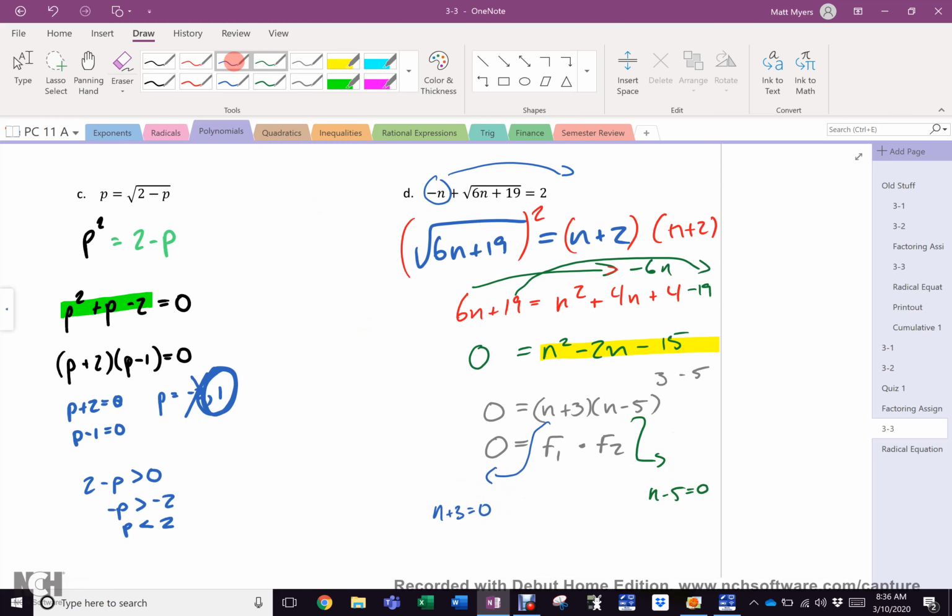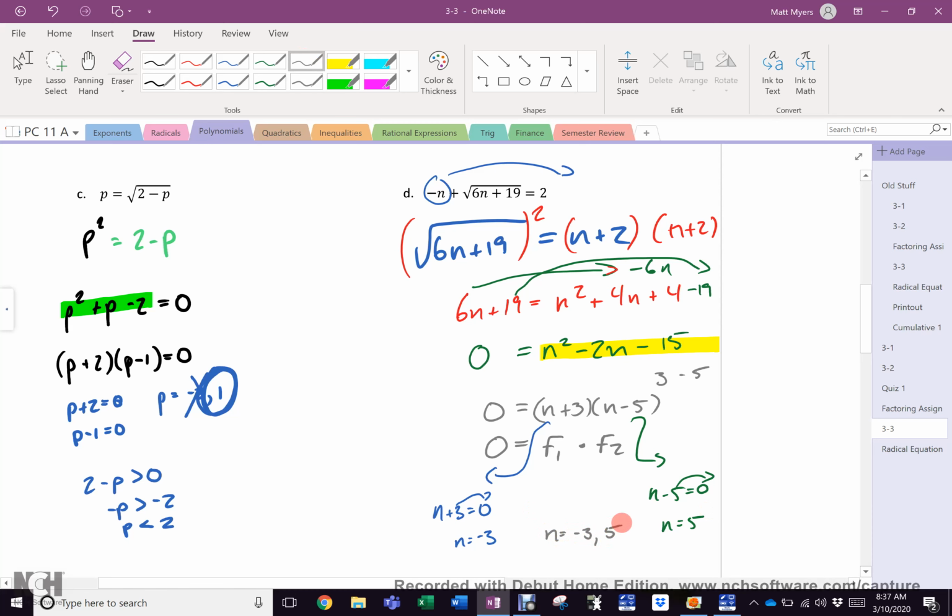So if I do this one, now all of you should be seeing the pattern right now. If it's just an n, that moves over, n equals negative 3, right? If it's that moves over, n equals 5. So I now all of a sudden have two possible answers for n. It could be negative 3 or it could be 5.